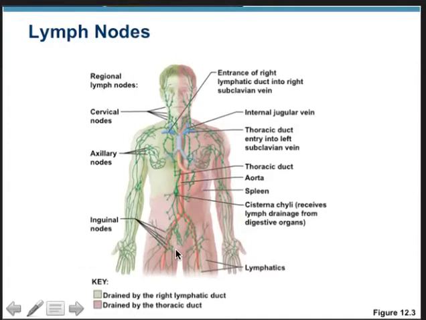Now, you can see here how the lymphatic system is set up. This is the figure we were just looking at, and I want you to notice where the lymph nodes are stationed. They're designed to filter lymph before it's returned to the blood.